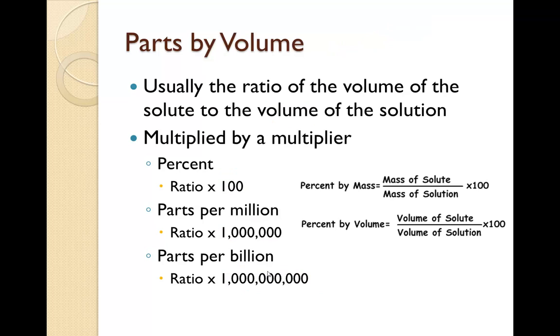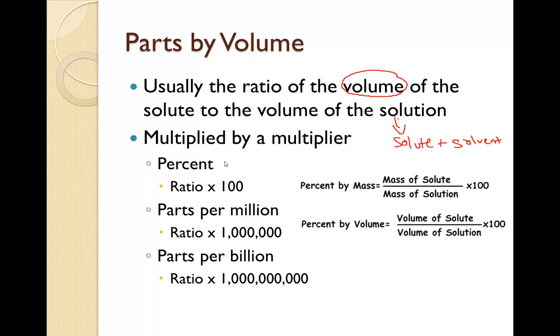Parts by volume is practically the same thing, but it's the ratio of the volume, not the mass, of the solute to the volume of the solution. Once again, the solution is the solute and the solvent added together. All once again multiplied by a multiplier.